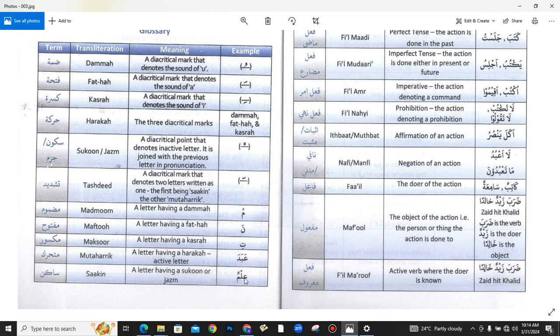It's not compulsory for us to call each and every letter maftu and maksur. If you want to call it maksur, you can. If you want to call it mutaharrik, it's okay. So the middle letter is having jazm, okay. This letter is called sakin, okay.